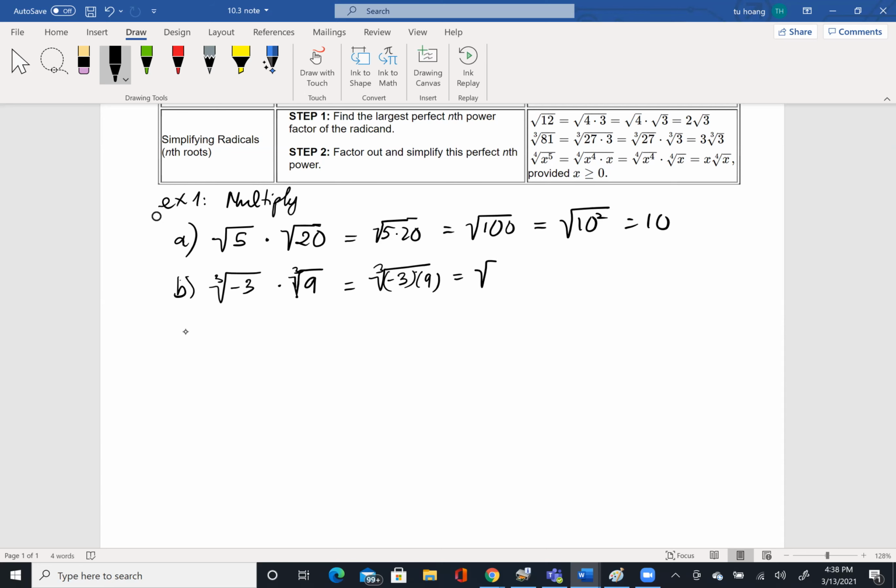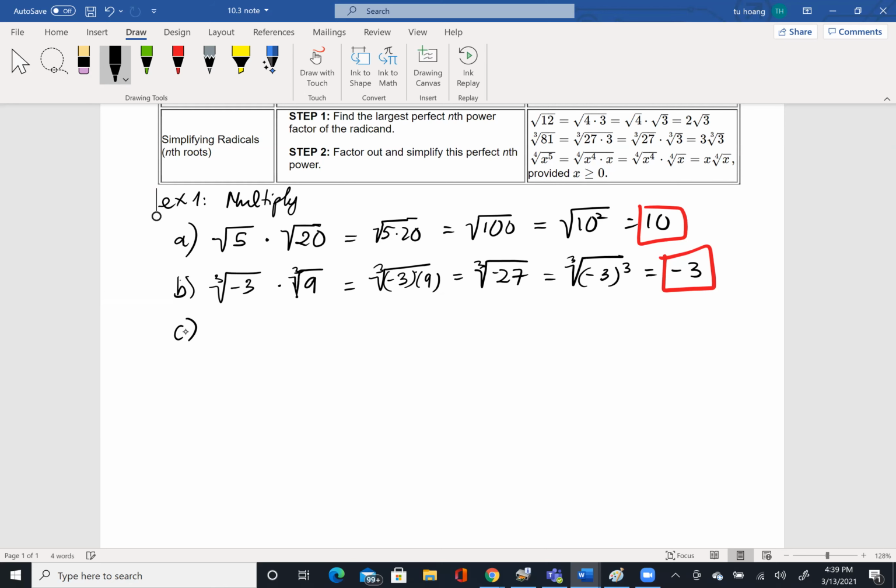Gonna be cube root of -27. And if you know that -27 could be rewritten as -3 to the power third, then you can have answer as -3. Let me circle the answer.